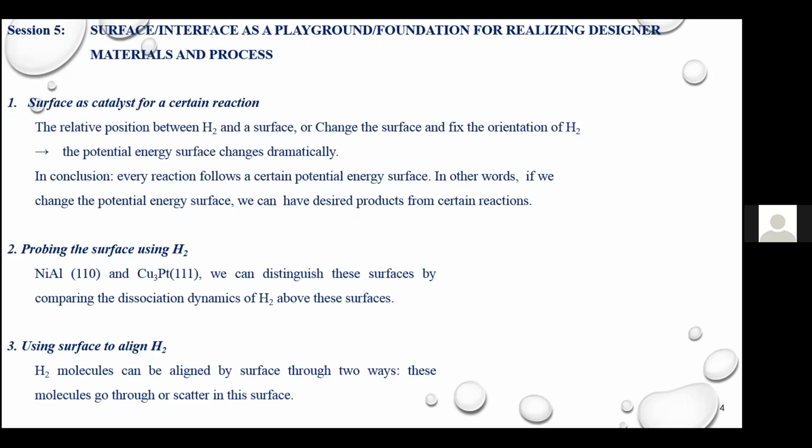This section talks about the relative position between the hydrogen molecule and the surface, and fixing the orientation of the hydrogen molecule can make the potential energy surface change dramatically. From this, we conclude that every reaction follows a certain potential energy surface. In other words, if we change the potential energy surface, we can have different products from a certain reaction.